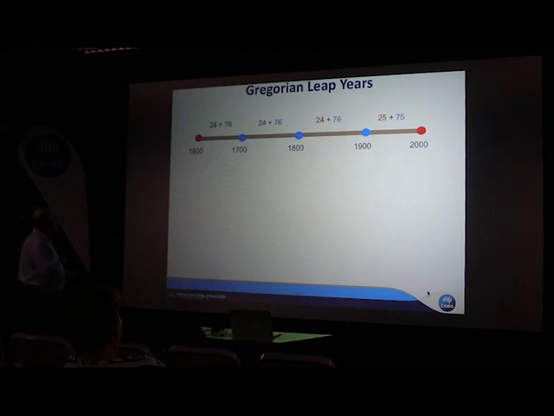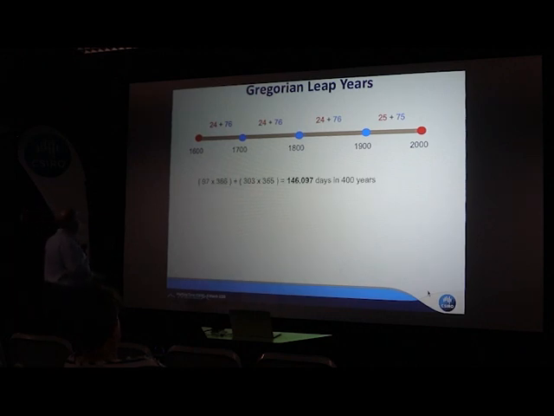Well, that meant in this 100 year period, there would have been 24 leap years and 76 non-leap years. The same in the next and next, but on the fourth one, there's 25 and 75. Okay, reverts to the Julian one. So that means there's 97. So 24 plus 24 plus 24 plus 25 is 97. 97 years of 366 days.